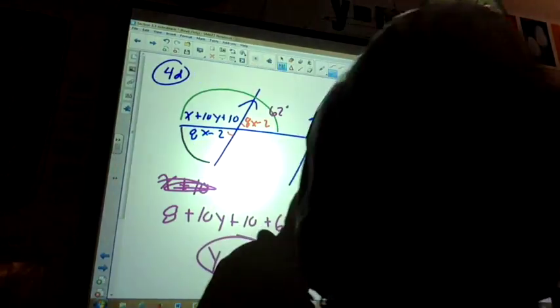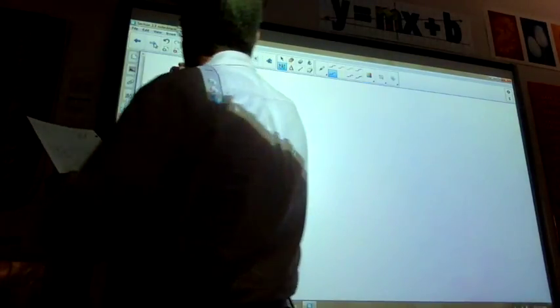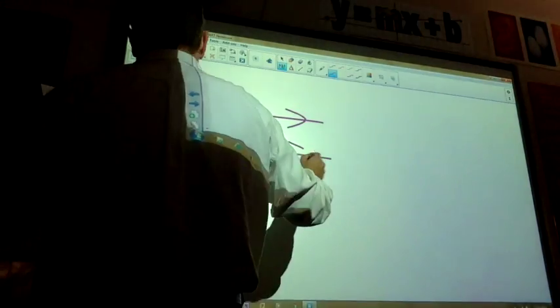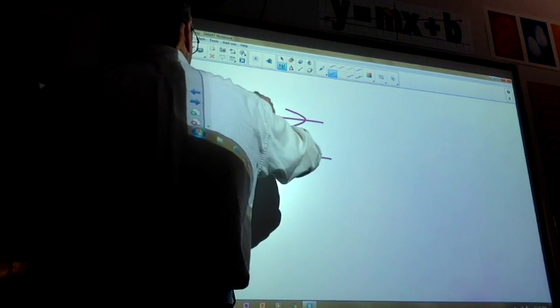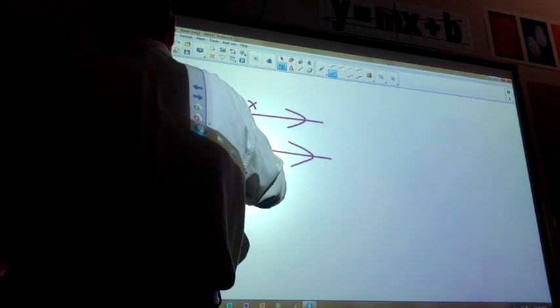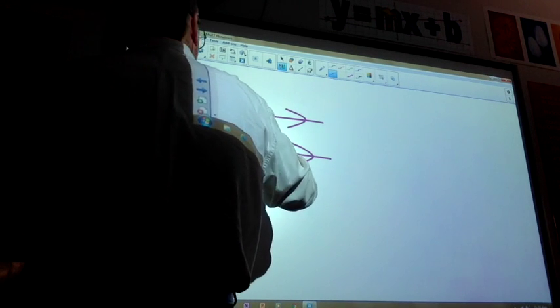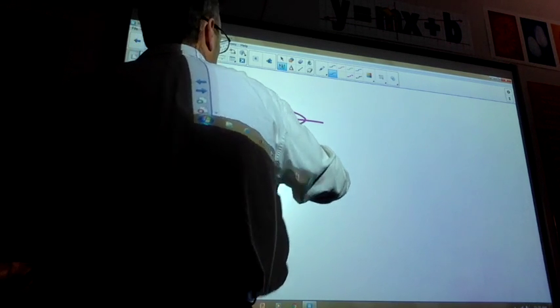4C. 10x, 4x plus y plus 25, and 6y plus 10.